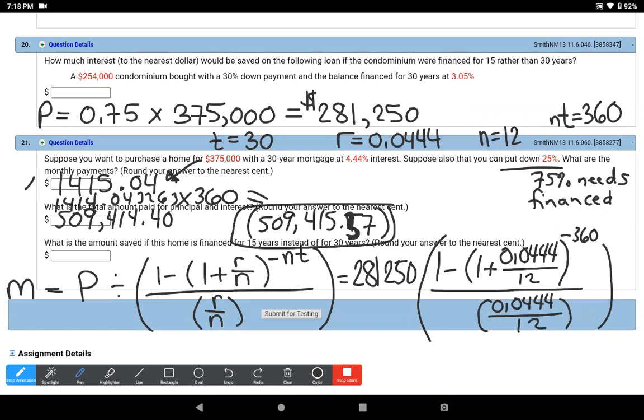If the bank collects this much though, right, then the bank's only collecting the 509,414, not the 415. So sometimes the code is calculated to take both answers. If it's not taking your answer based off the rounding, then this one will be correct.